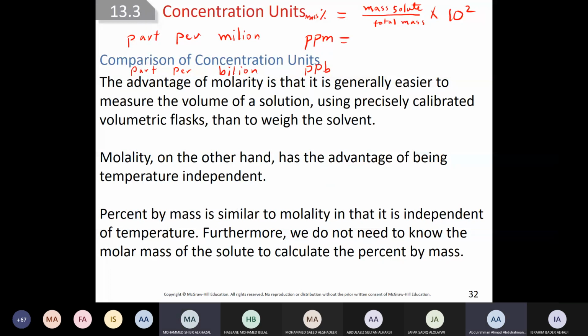Parts per million is exactly mass of solute divided by total mass, times 10 to the power 6.